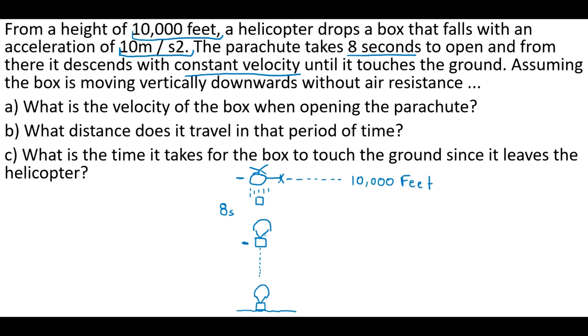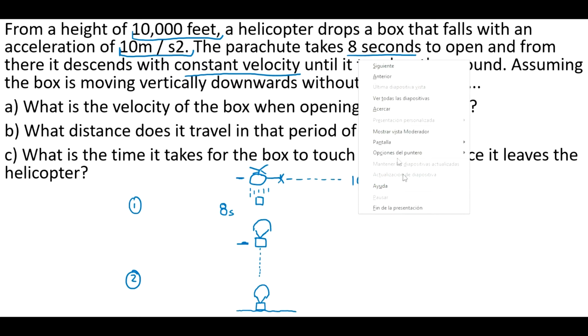Now when the parachute opens, it's gonna have constant velocity. So let's say that we're gonna have two parts. This is the first part when the object has acceleration, and this is the second part where the object falls at constant velocity.